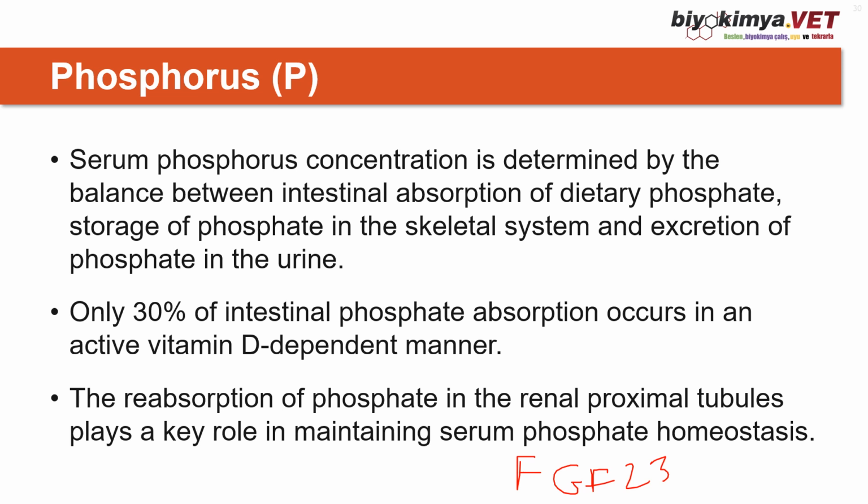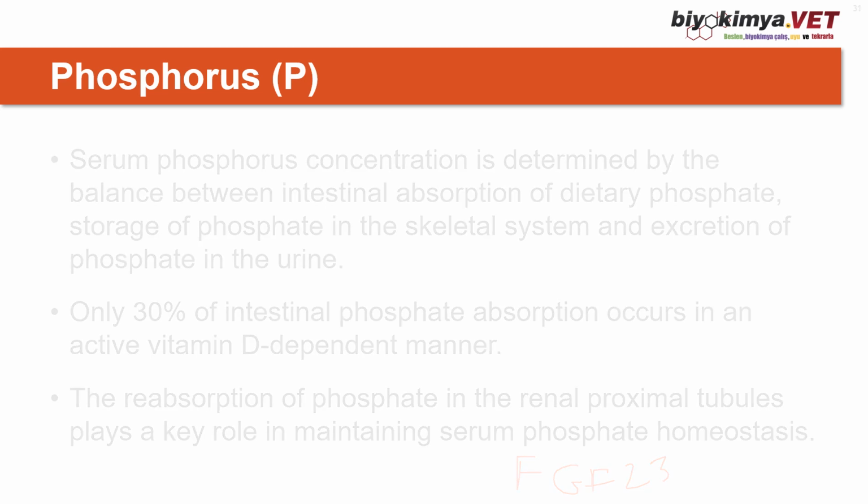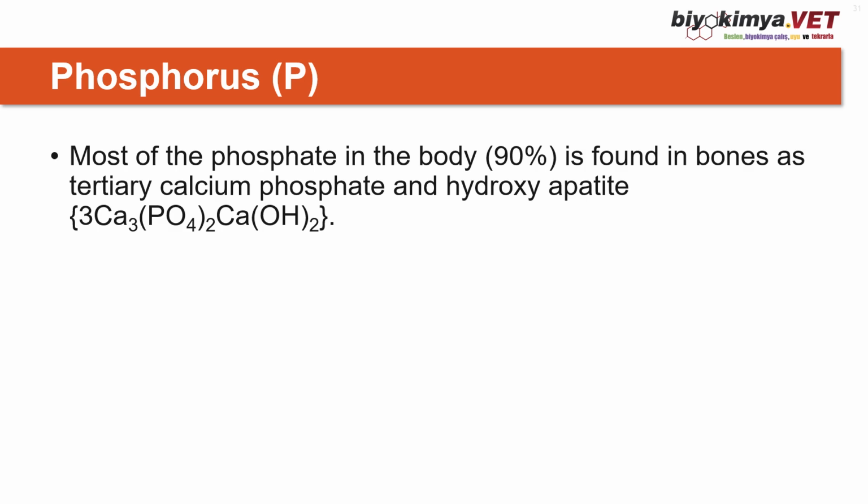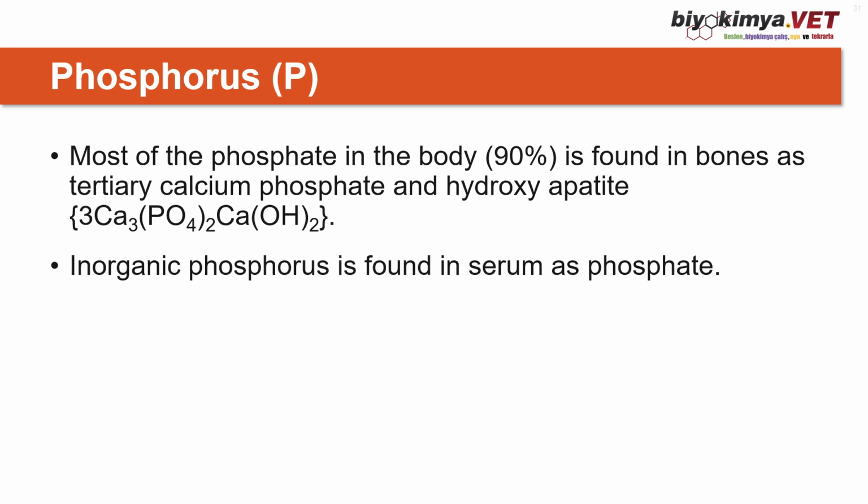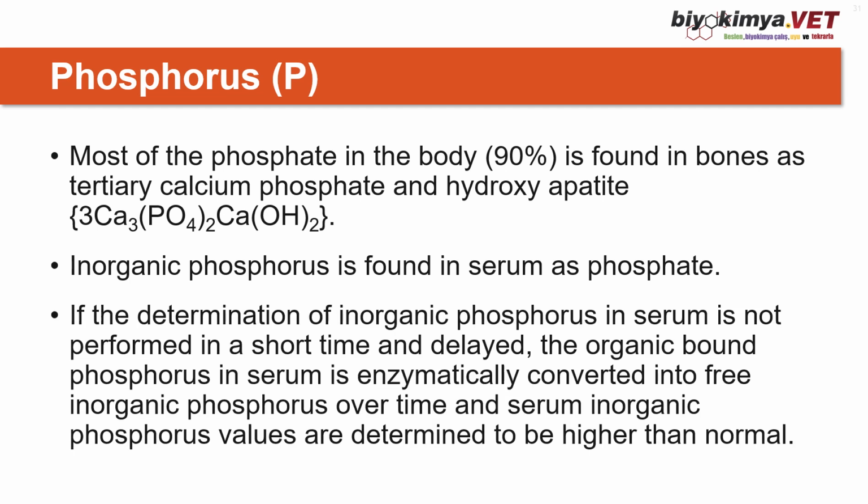And thus bones are considered to be a very good phosphate store, as was told in calcium. The bones are good sources of calcium and phosphate. Most of the phosphate in the body is found in bones as tertiary calcium phosphate and hydroxyapatite. And inorganic phosphorus is found in serum as phosphate.